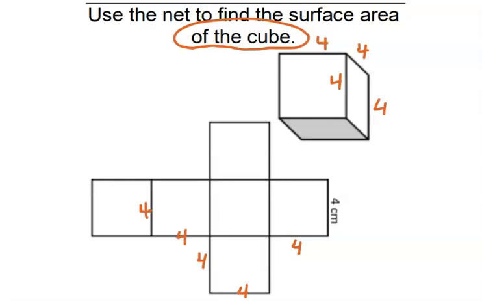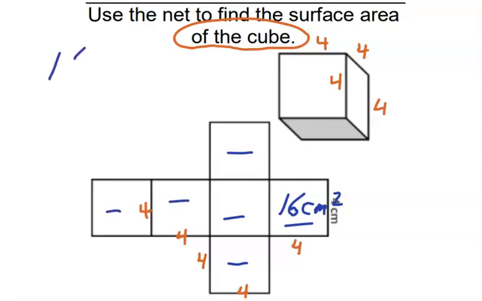All right, so with that being the case, it's going to be really quick to find the total surface area. 4 times 4 is 16, so each square is going to be 16 centimeters squared. At that point, we just count up how many squares there are. There's 1, 2, 3, 4, 5, 6 squares.